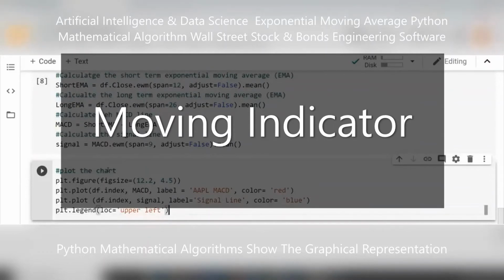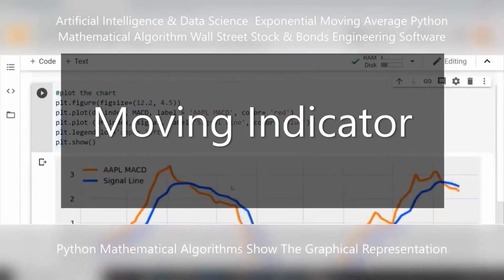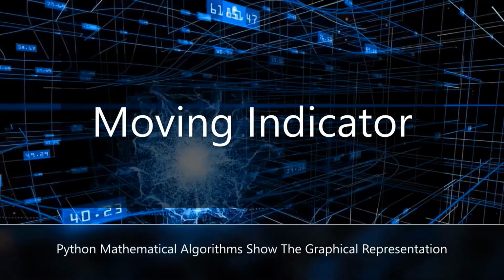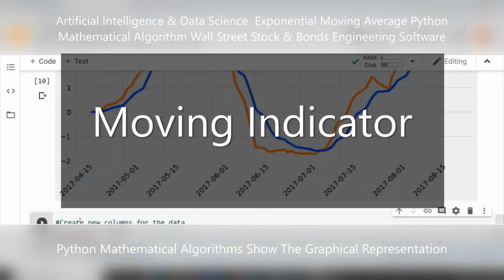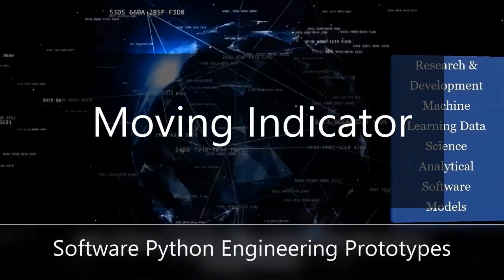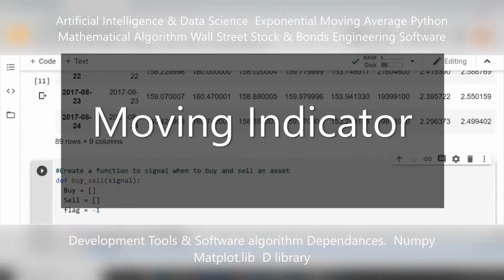Part of the software algorithm creates a function in order to signal when to buy or when to sell the stock or the assets. Afterwards, you create the purchase and sell column, and it provides the graphical representation of the mathematical Python algorithms showing real-time data signs with information such as close price, purchase, and sell signals.